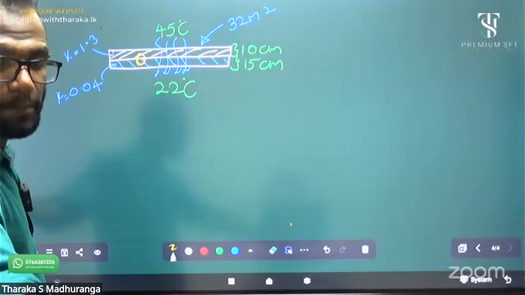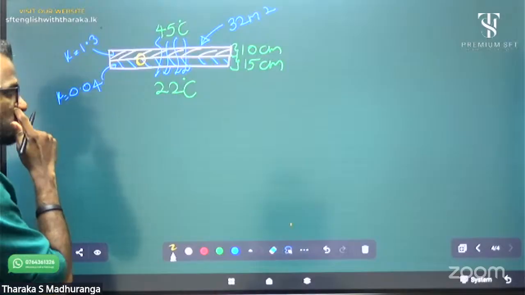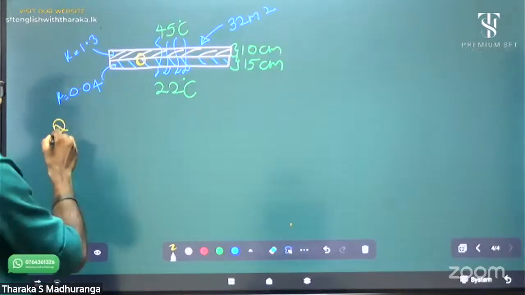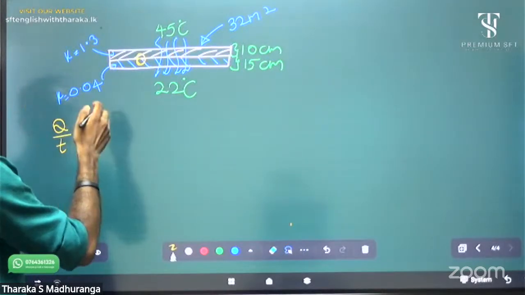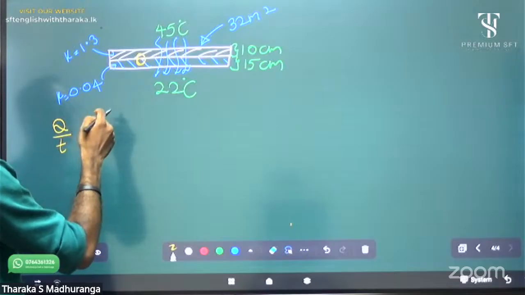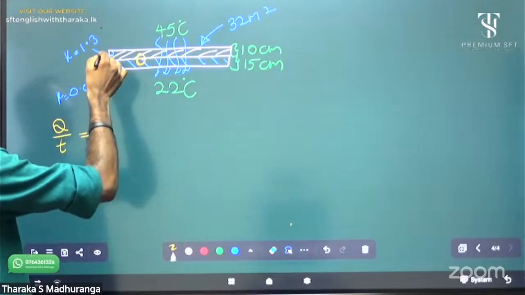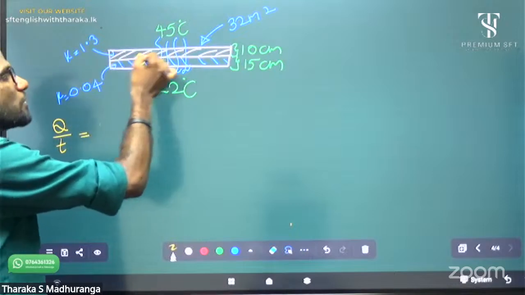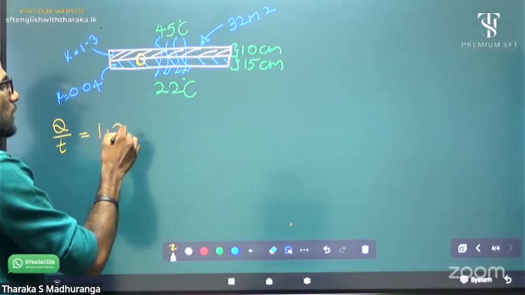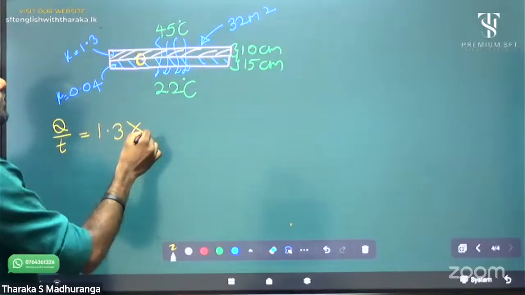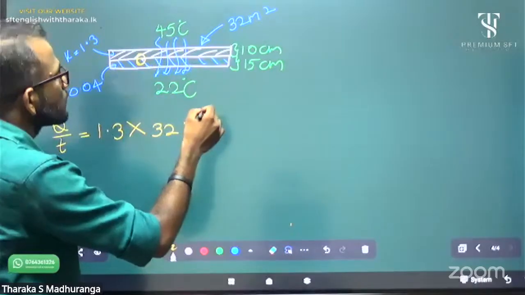In the first question, it is asking for the inter-surface temperature. How to calculate it? Q over t equals kAΔθ over length. I'm going to first use the outer tile layer: 1.3 into cross section area 32 into the temperature difference.